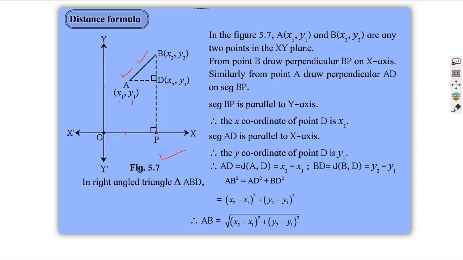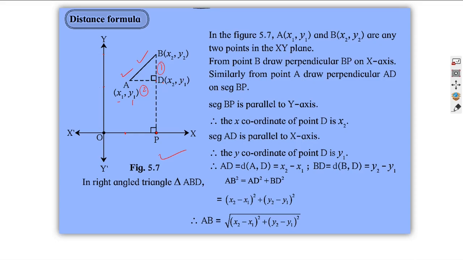From point B, draw a perpendicular BP to the x-axis, and from point A, draw a perpendicular AD on BP, the newly drawn one. That means first you have done this, second you are doing this. So we get one more point here, D.